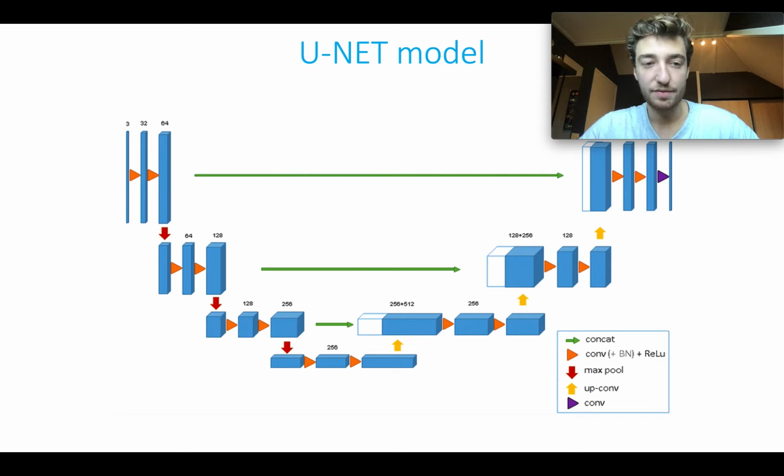Until we have a lot of feature maps with a low dimensionality, a lot of high resolution feature maps. And in the bottleneck at the bottom, it's going to start doing transpose convolutions with the yellow arrow, and it will build up this dimensionality again. And with each layer, it's going to concatenate with the green arrow with previous high resolution feature maps.